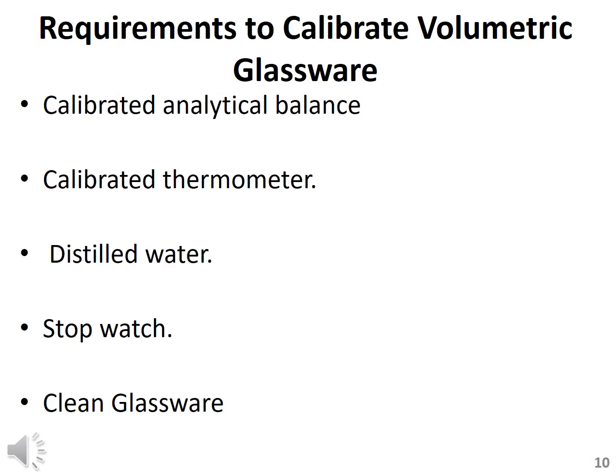And the thermometer, which must also be calibrated prior to being used in the calibration process, and distilled water, a stopwatch, and the glassware which is to be calibrated. That glassware must be cleaned properly, and all the debris, whether acidic or basic, must be removed properly.